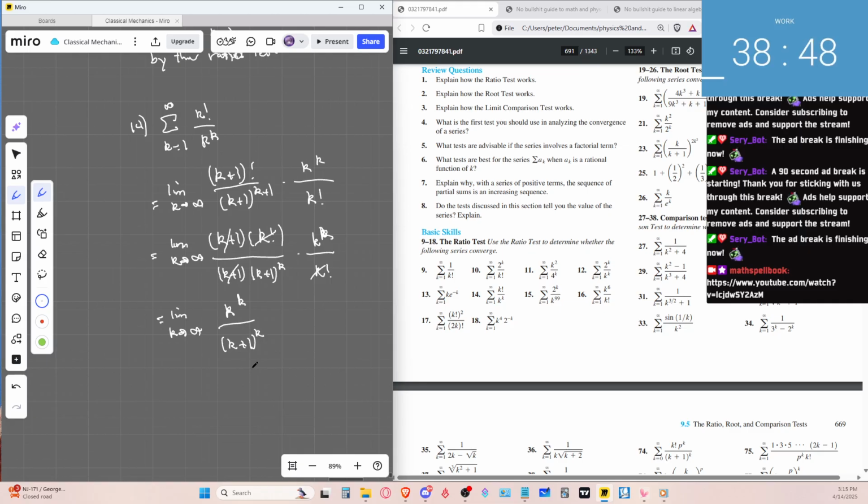This is an interesting one, because we got rid of the factorials. The question is, what does the rest of it tell us, though?